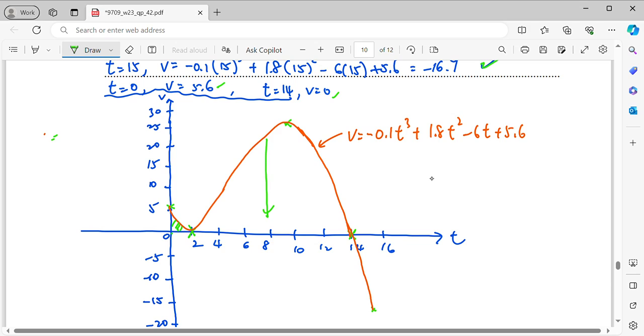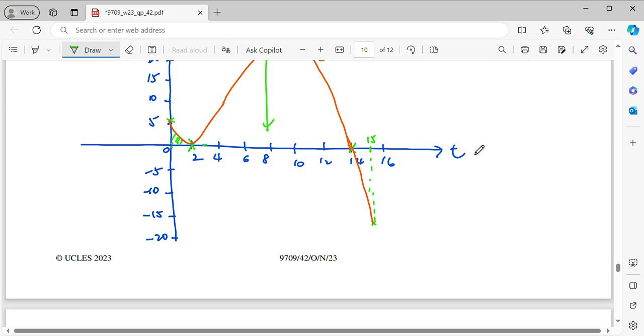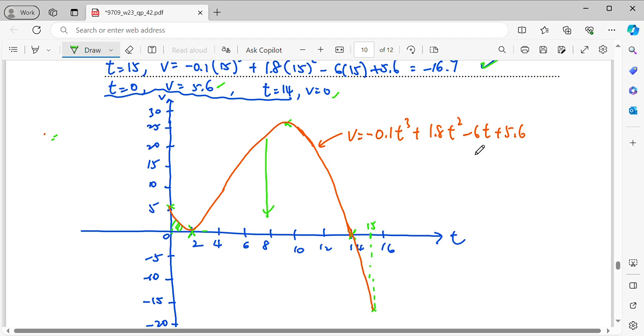Same goes for 2 to 14, but for 14 to 15, we need to put the modulus because the region is below the x-axis. Alright, so basically I need to do two integrations.